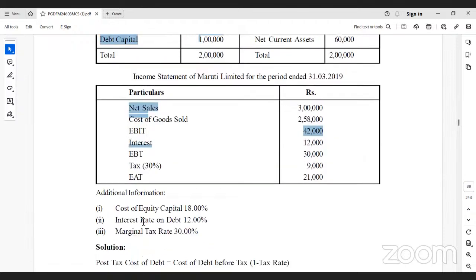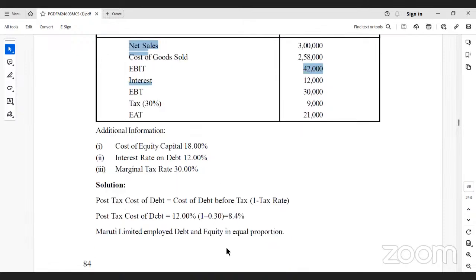The additional information given is that the cost of debt interest is 12%, the cost of equity is 18%, and the tax rate is 30%. Let us calculate the cost of debt capital. Not 12%, because the amount paid to the debenture holders is tax exempt. So that is the reason: 12% into 1 minus 0.3, which is 8.4% cost of debt.